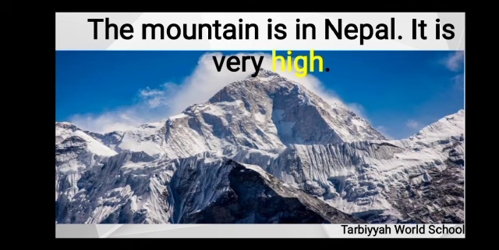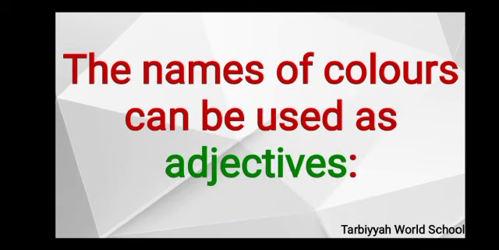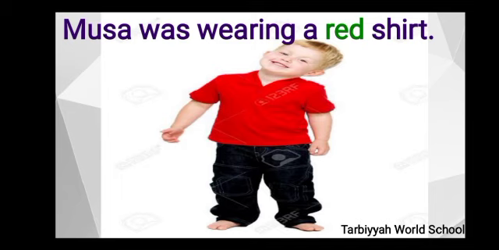Okay? Now see, the names of colors can be used as adjectives. We can use the names of colors as adjectives. For example, Musa is wearing a red shirt. So in this, the adjective red qualifies the noun shirt.